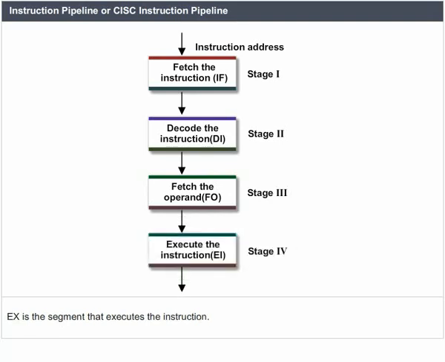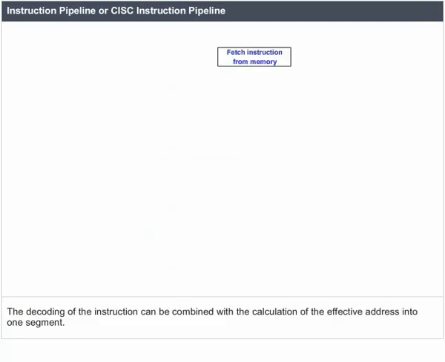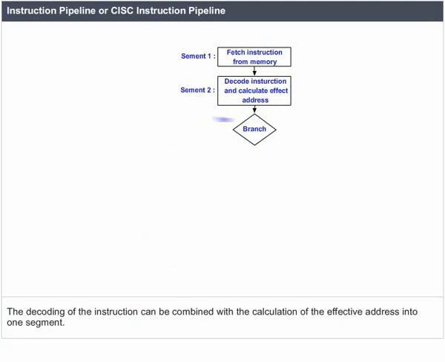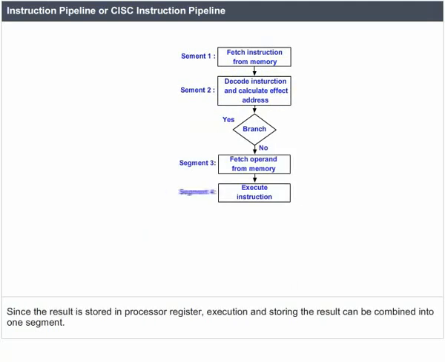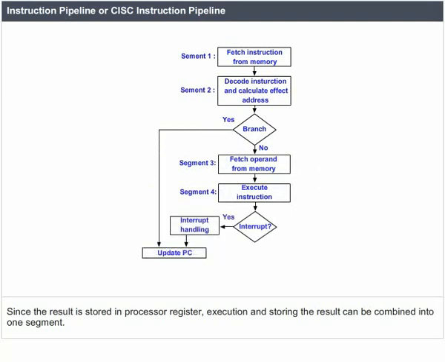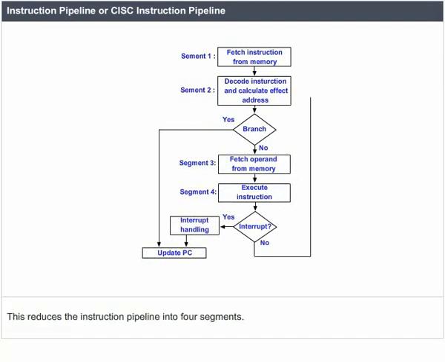EX is the segment that executes the instruction. The decoding of the instruction can be combined with the calculation of the effective address into one segment. Since the result is stored in a processor register, execution and storing the result can be combined into one segment. This reduces the instruction pipeline to 4 segments.